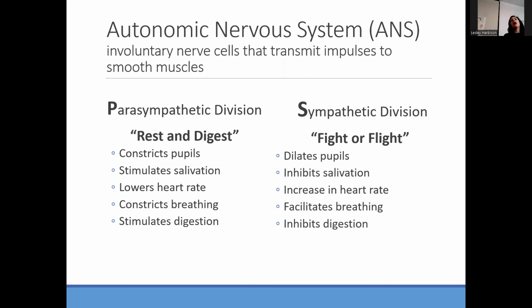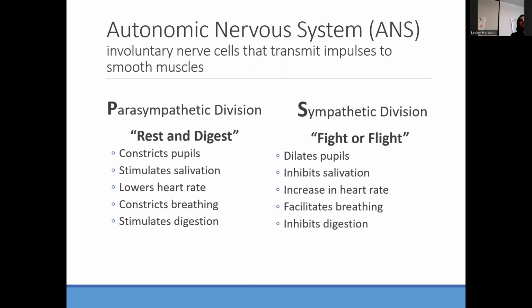It says constricts breathing, which sounds kind of scary, but really what it means is you don't need a ton of oxygen. You're not freaking out and running away, so your lungs aren't trying to open up to let in more oxygen. Constricting sounds kind of nervous, but it just means you're not demanding oxygen. Stimulates saliva, you're relaxed, that's the first part of digestion.